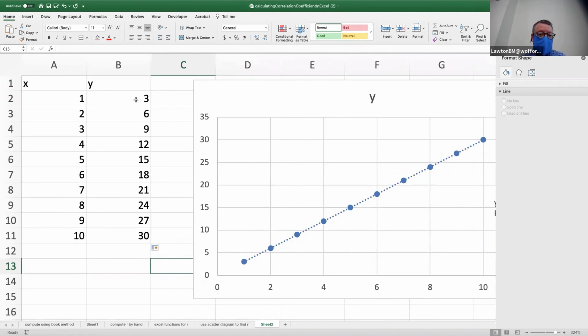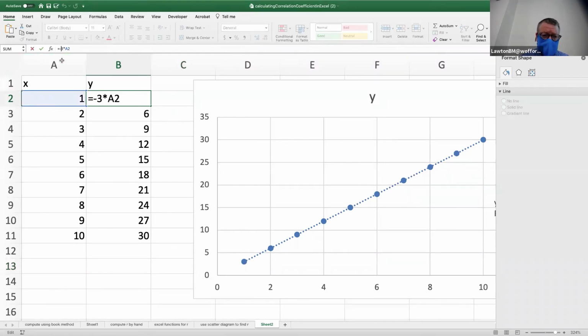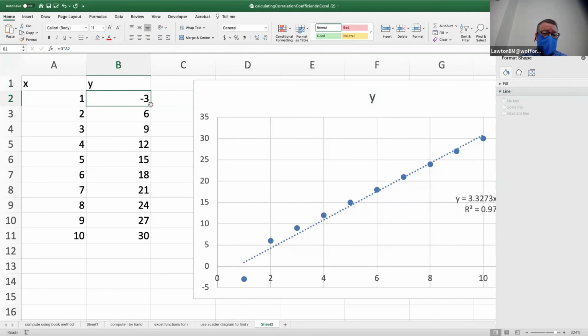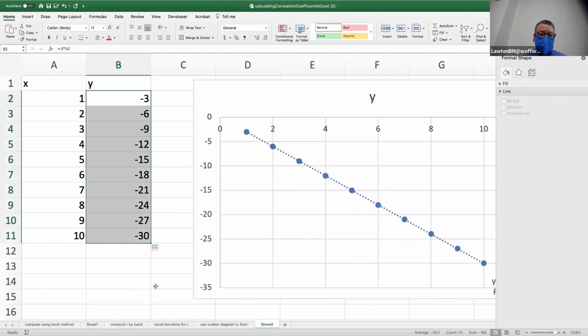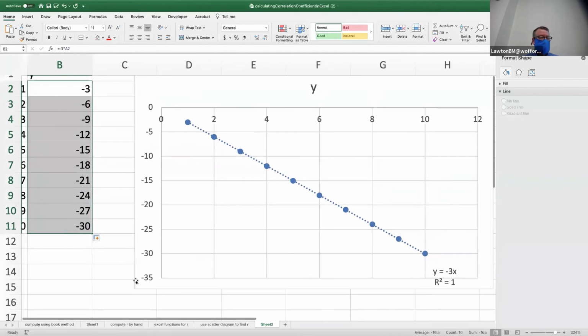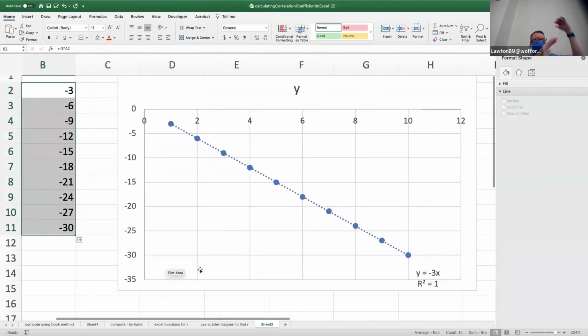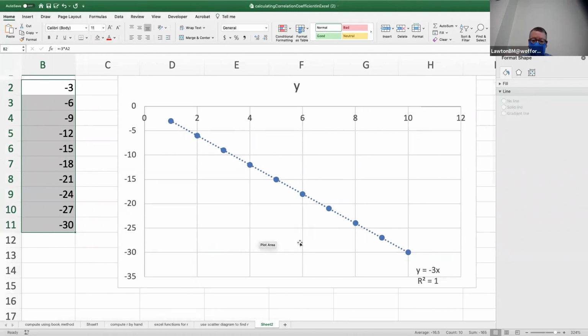If I change it just a little bit more, so I'm going to say now y is negative 3 times that. What happened to my line? Yeah, it flipped upside down because I now have a negative slope. It's still a perfect prediction.